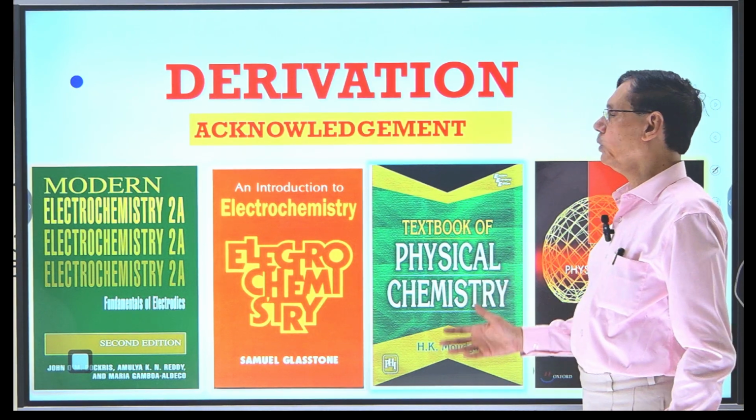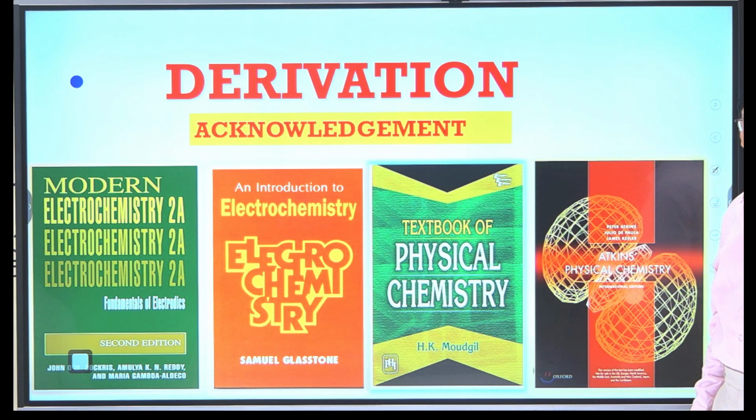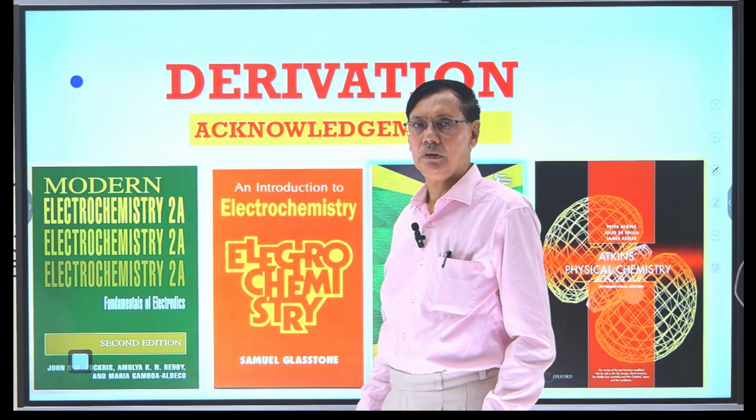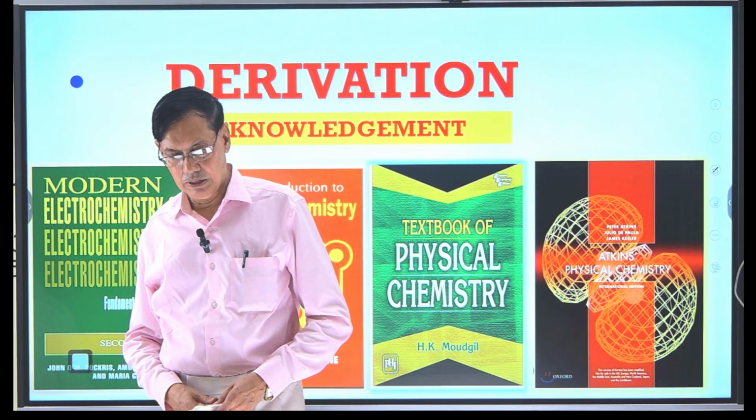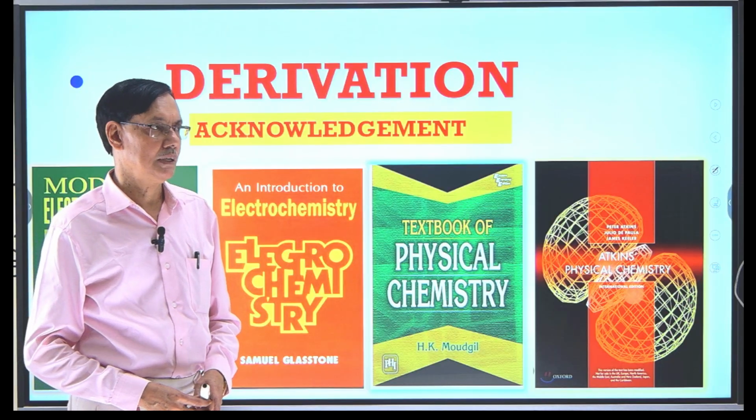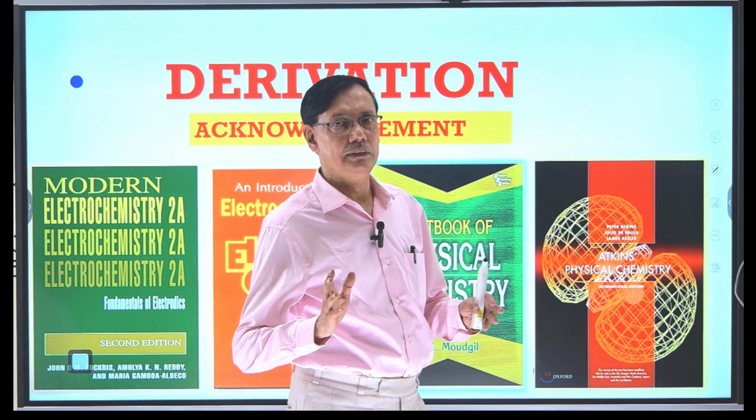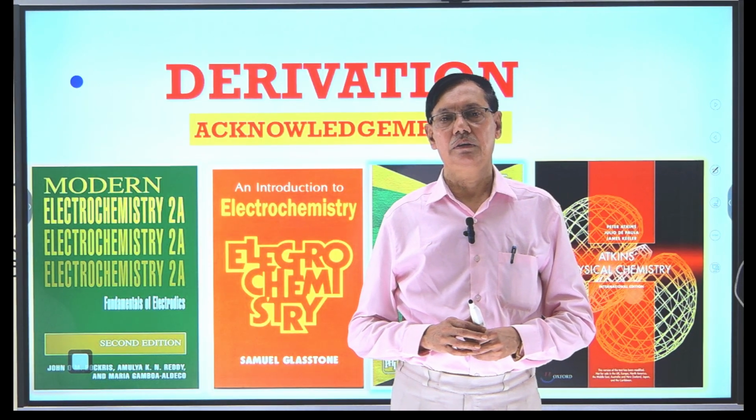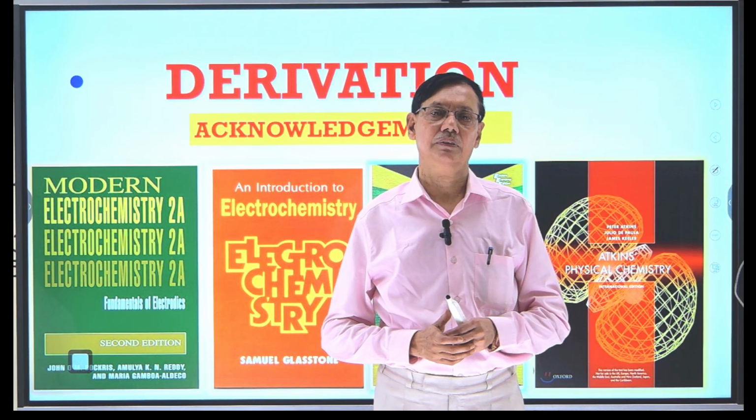Now again, as you know, for the derivation, I have referred to a large number of books, a large number of research papers. Again, my intention is a student-friendly derivation.